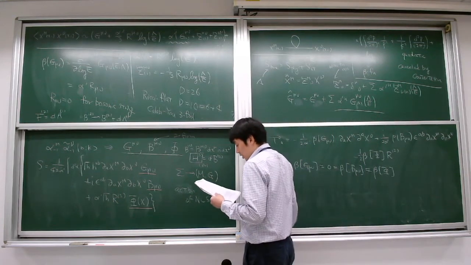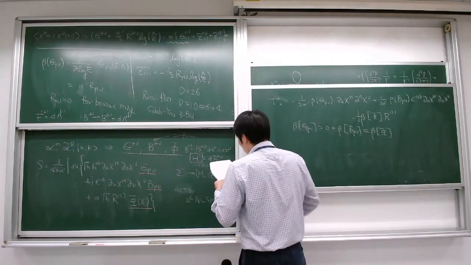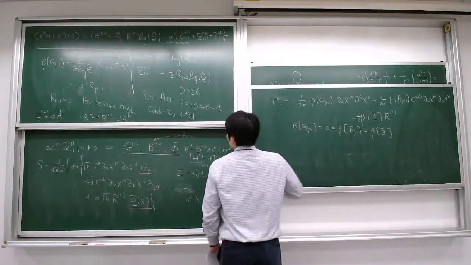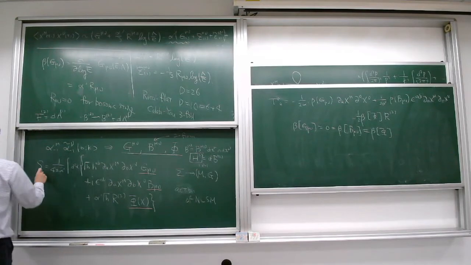And this condition is equivalent to taking the following space-time effective action. So this is the worldsheet action, a two-dimensional integral.